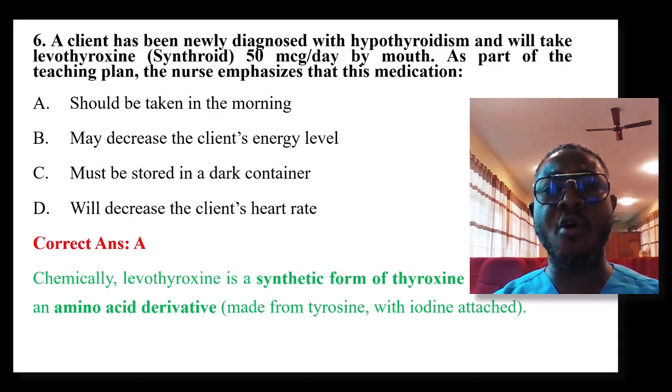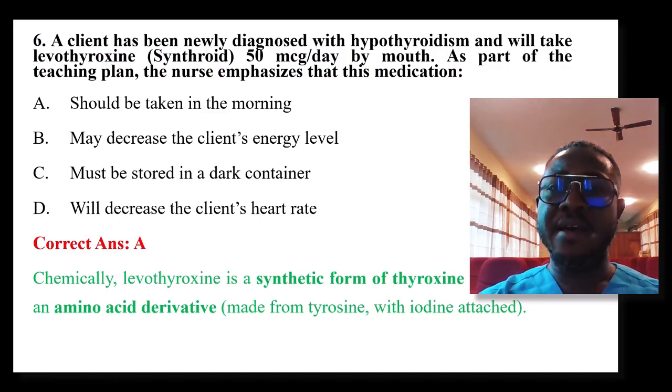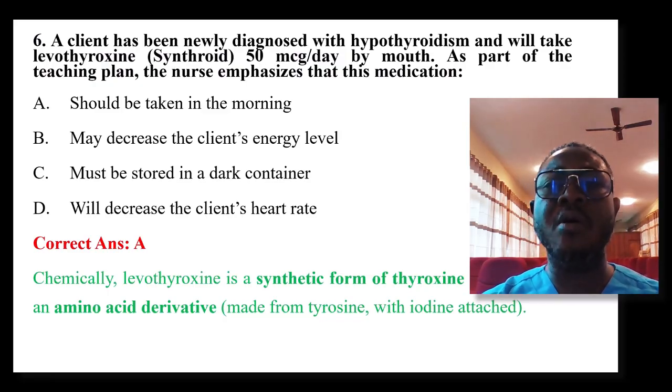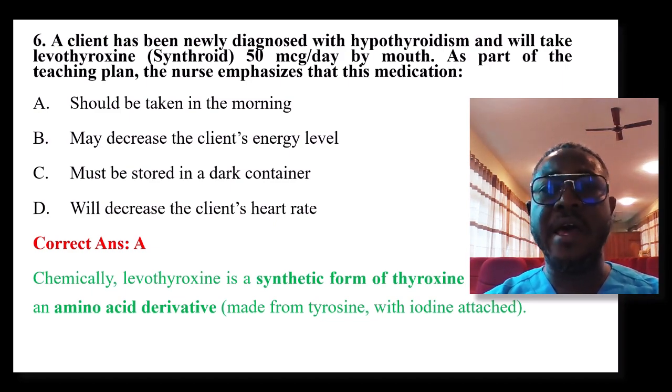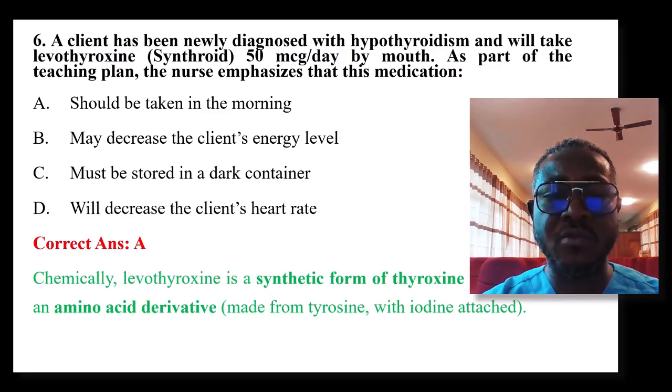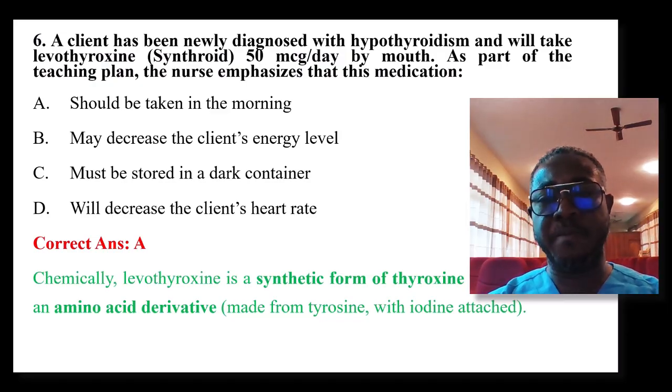And so for the drug to have its therapeutic effect, it is expected that it is administered before meals, at least 30 to 60 minutes before a meal, and that will enhance greater absorption to enhance its therapeutic effect in the treatment. Okay, so that is the best teaching to be given to this family member or the patient.